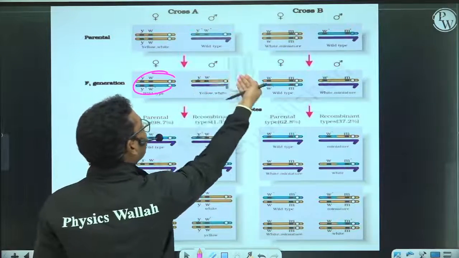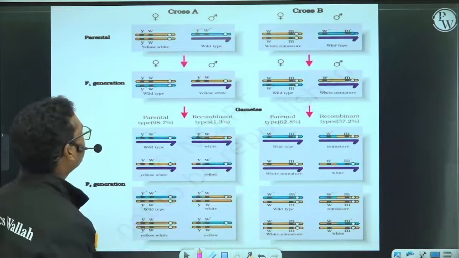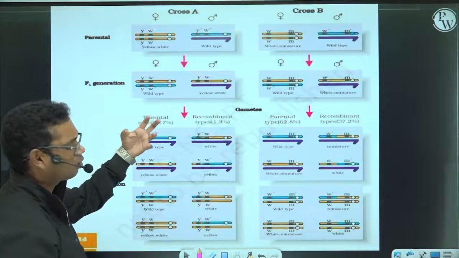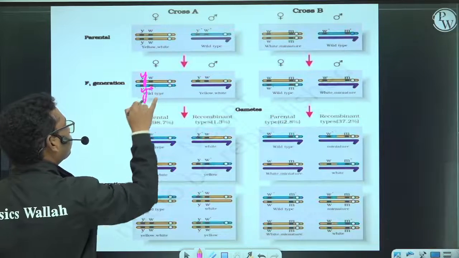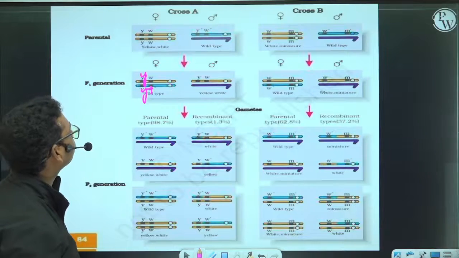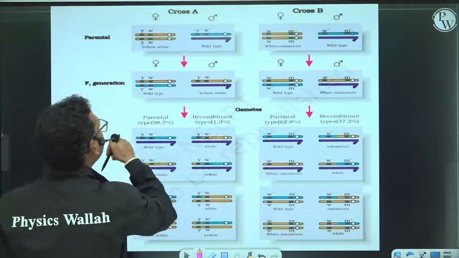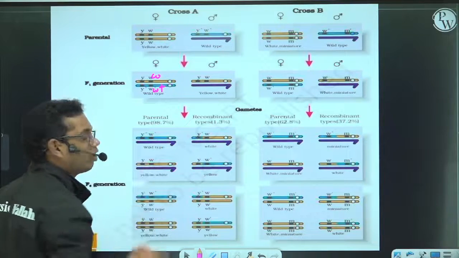You can look at your book and see there clearly: here this is y and this is y plus, so it will be brown body. Here w and w plus, that is why it will be red eye.